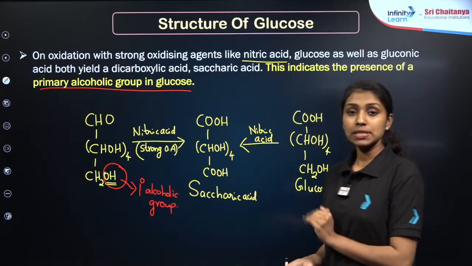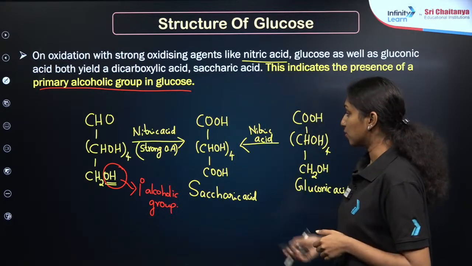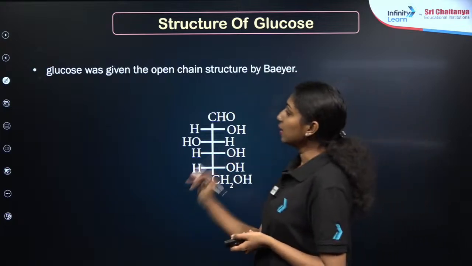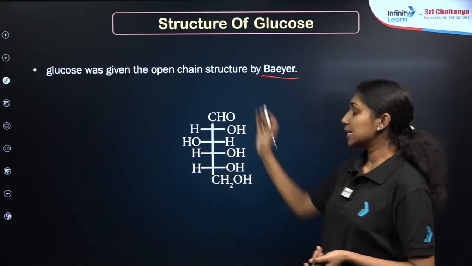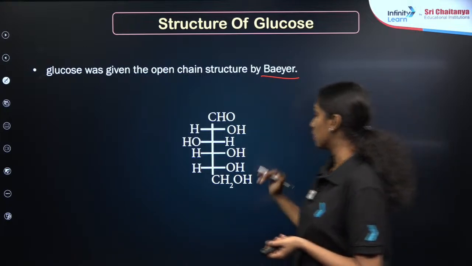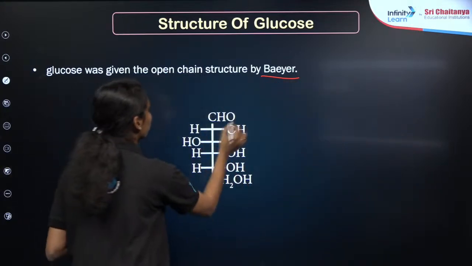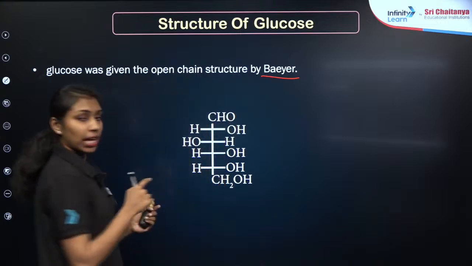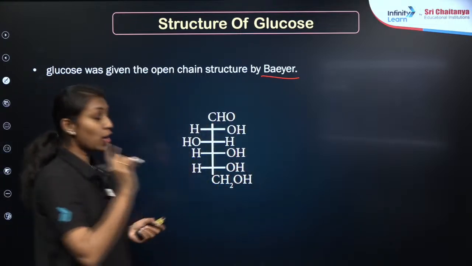Based on these experiments, finally we have discovered the open chain structure of glucose. As you can see over here, the glucose was given the open chain structure by Baeyer. And this is the Fischer projection formula for the glucose. The first group given is the aldehyde group. We already confirmed the presence of the aldehyde group during some reactions. Then it contains 1, 2, 3, 4, 5 OH groups.